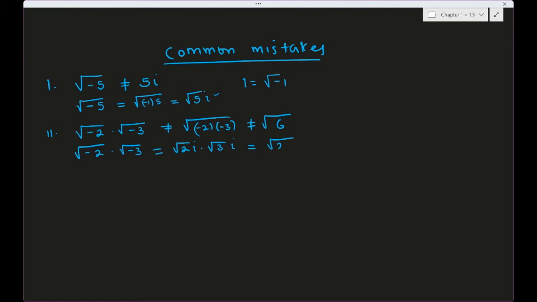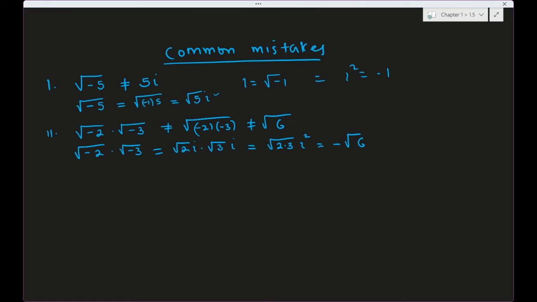Then now we can combine 2 and 3 in the same radical, then i square. So i square is minus 1, so you have minus root of 6. This is true because we know i square is minus 1.